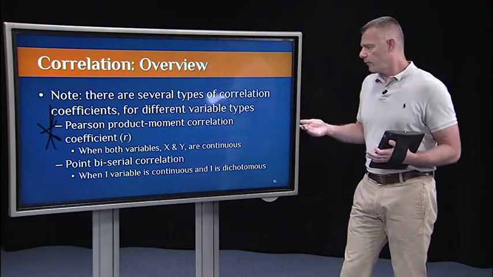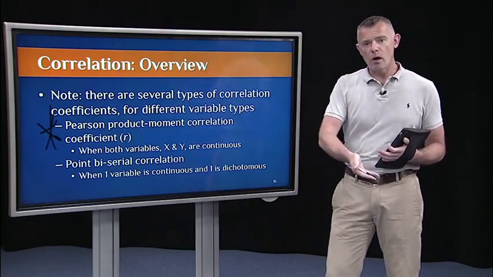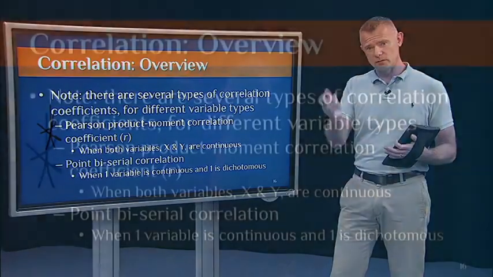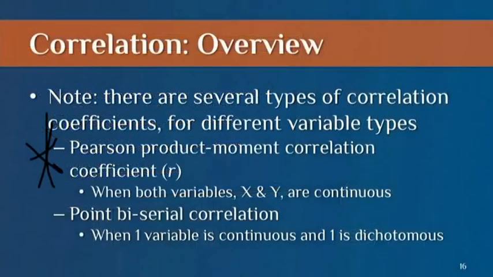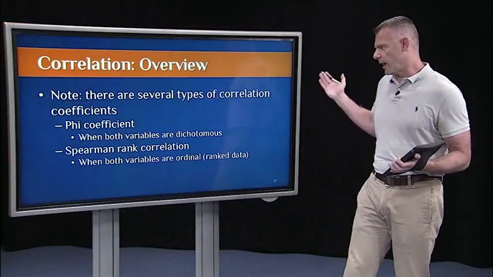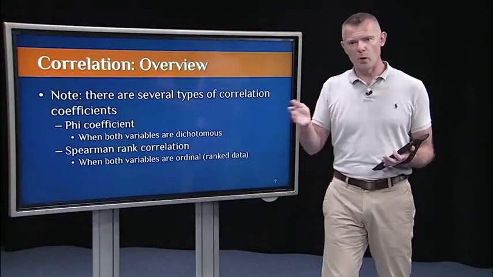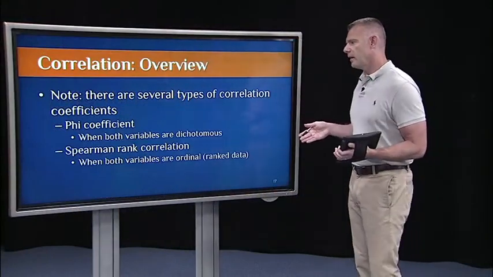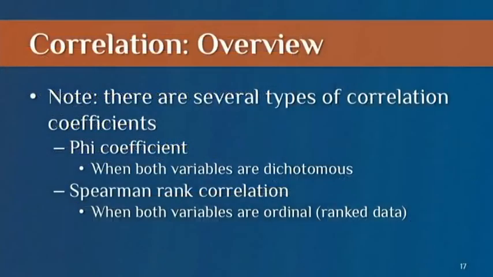If one of our variables is continuous and one is dichotomous, if it's just 0 or 1, then there's a different coefficient. It's called the point biserial correlation coefficient. Also, if we have two dichotomous variables, if both x and y are dichotomous, then we'll calculate the phi coefficient.